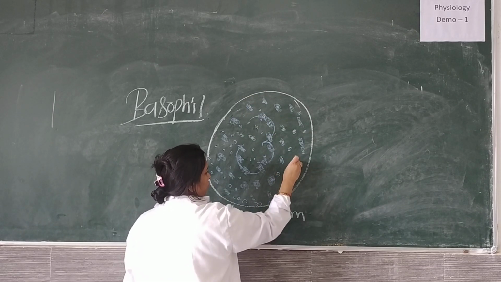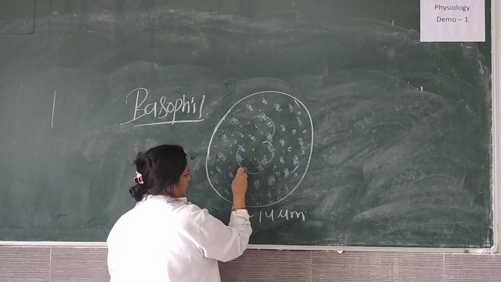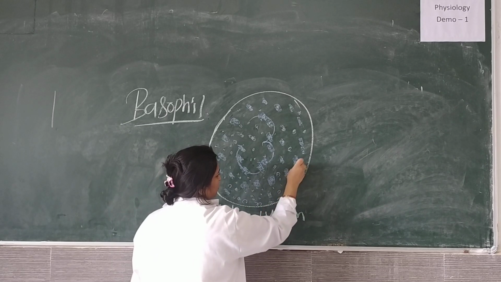So the granules are overcrowded, and the cytoplasm is bluish in color because it takes basic stain, methylene blue.